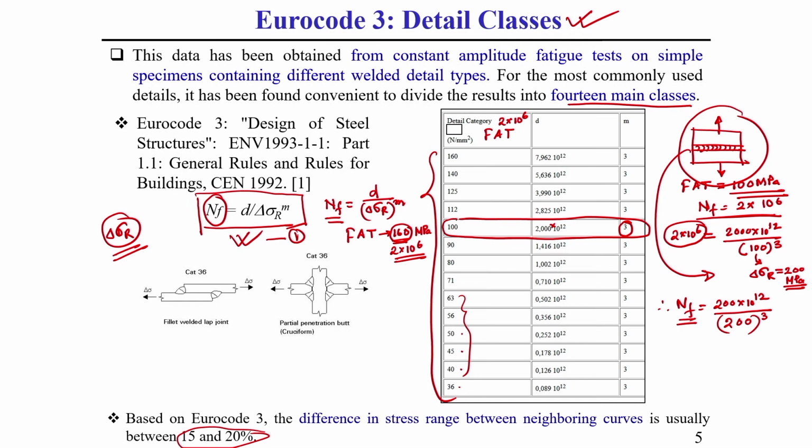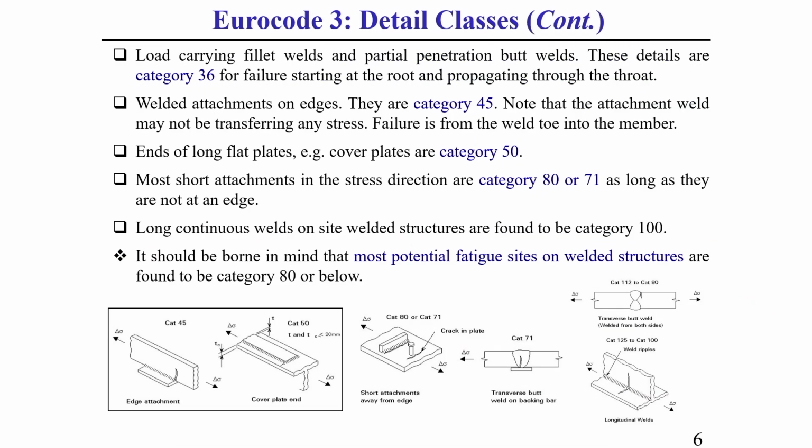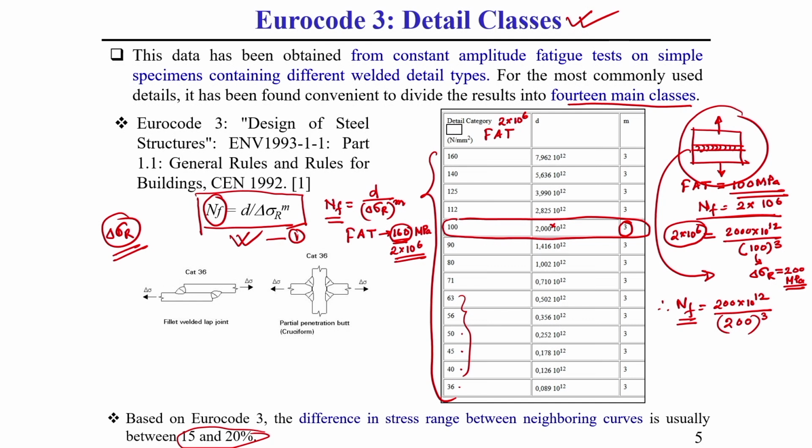According to Eurocode 3, 14 different types of FAT classes are there. What those 14 classes are and what their joint geometry is, I am just showing a little bit. Like I have already shown you for category 36, the FAT class, that means its fatigue strength is 36 for a number of cycles of 2 into 10 to the power 6, that is 2 million cycles.